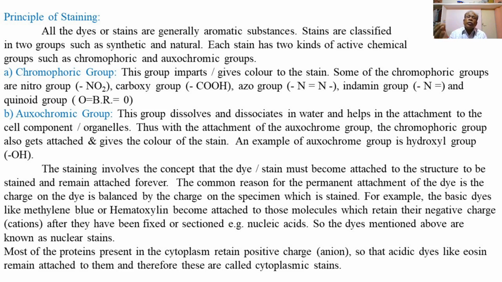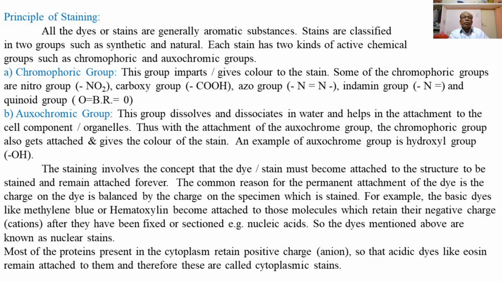So the negatively charged materials of the nucleus, such as chromatin or the chromosomes or the nucleic acids such as DNA and RNA, which have a negative charge, can bind with the nuclear stains with a positive charge, such as methylene blue or hematoxylin.